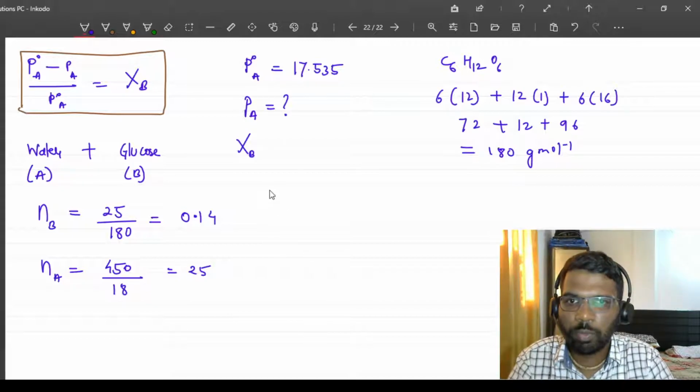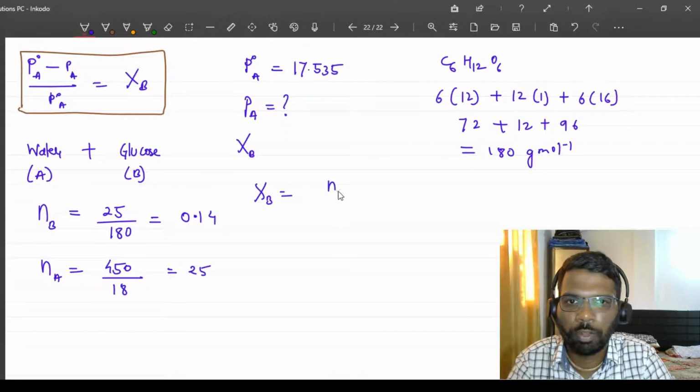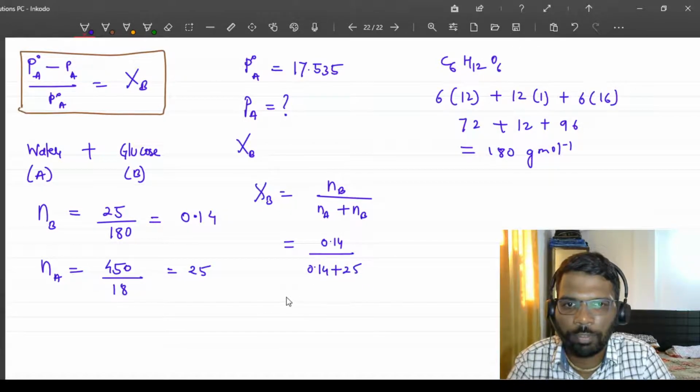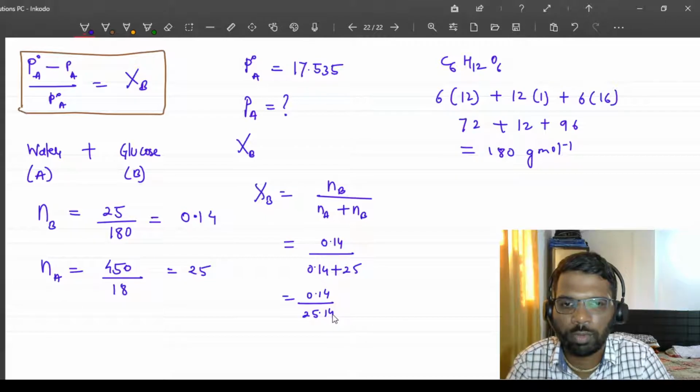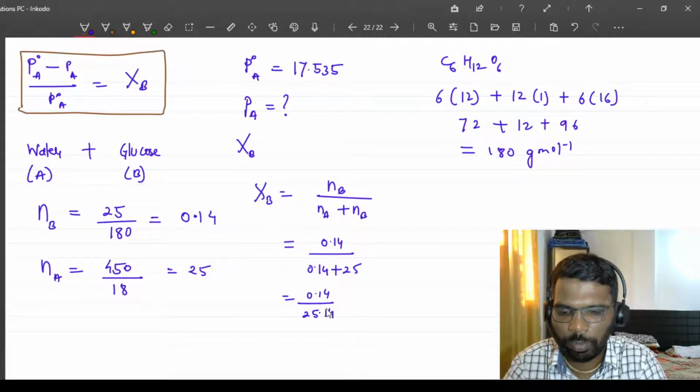So what will be the mole fraction of B? The mole fraction of B is equal to the number of moles of B upon the total number of moles, that is Na plus Nb, which is 0.14 upon 0.14 plus 25, so 0.14 divided by 25.14.